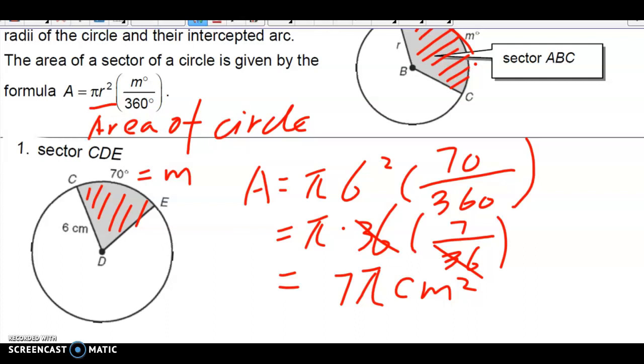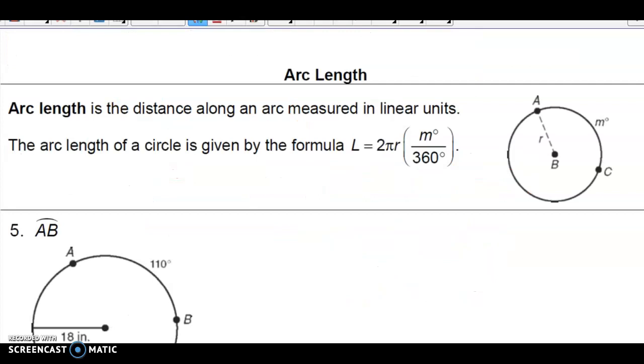Alright, so let's move on to the next one. The last but not the least is the arc length. For the arc length, we have a formula as well. We are looking for the length of this part. This is based on the formula of the circumference of a circle. Remember that, 2 pi r?